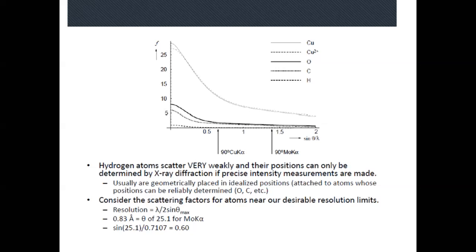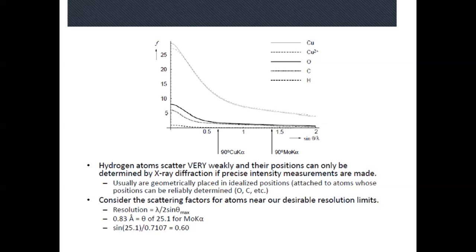So to get resolution quality data, we need about 0.6 sine theta over lambda, which is right about here. So when you're looking at 50 degrees 2 theta for molybdenum radiation, it shows up right around here, and you'll see at 50 degrees 2 theta, there's strong scattering abilities for most non-hydrogen elements.